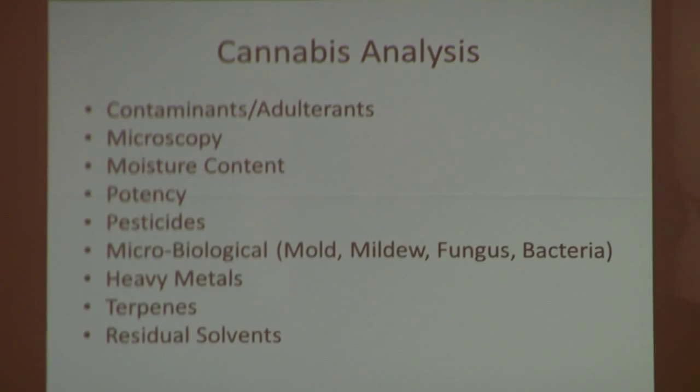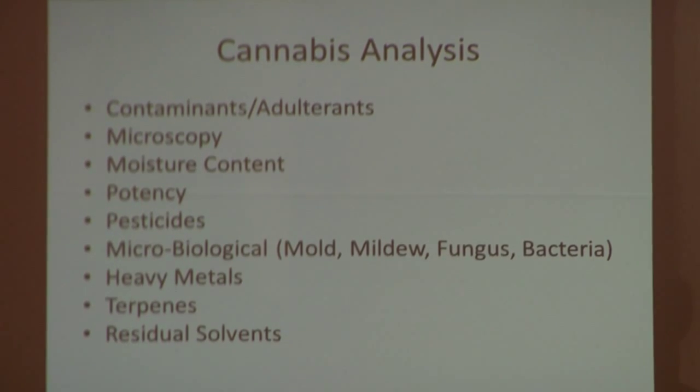So with that, we're going to talk about a few of the different types of analyses that are done in cannabis laboratories. Some being contaminants, adulterants. You wouldn't believe the number of different types of things I've seen in diluting cannabis, including things like sand and powdered lead, using microscopy to make sure it is indeed the correct species of plant, looking at moisture content.